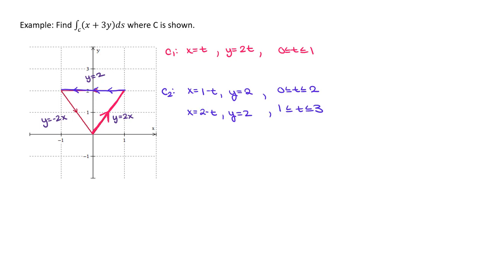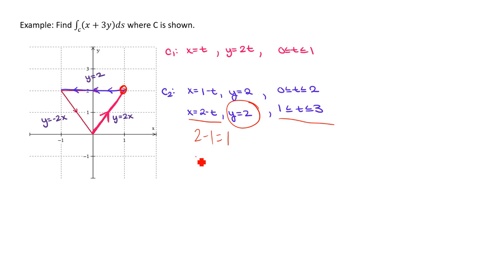But you could actually use a different set of parametric equations, and when you do the integral, you'll get the same thing. So another correct way to parameterize this line segment, we could still say y is 2, but we could say x is 2 minus t, and then our t's would start at 1, because if you plug in 1, you get 1.